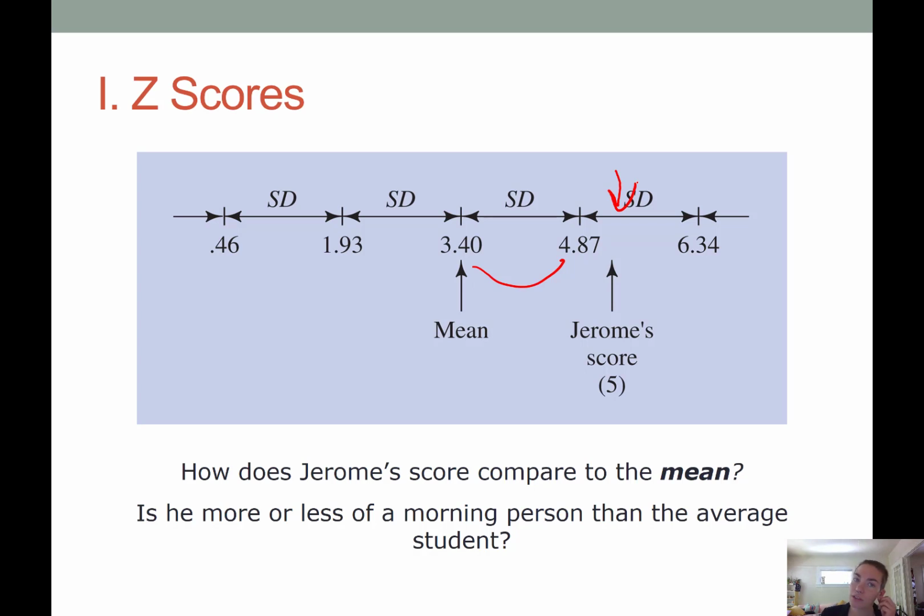So in other words, Jerome's score on this scale is between 1 and 2 standard deviations above the mean. Okay. And just to be thorough, note that 1 standard deviation below the mean would be 1.93, and 2 standard deviations below the mean would be 0.46.